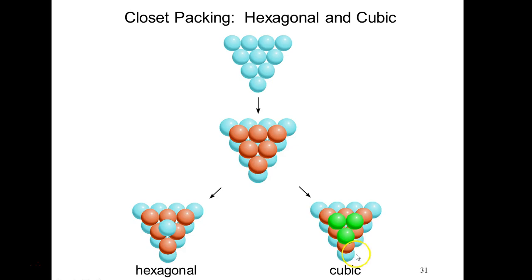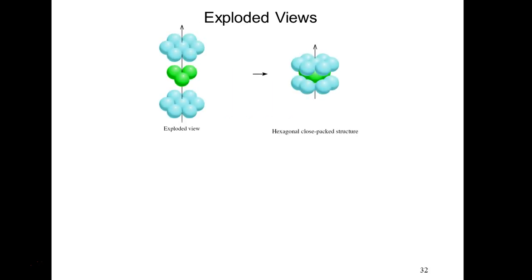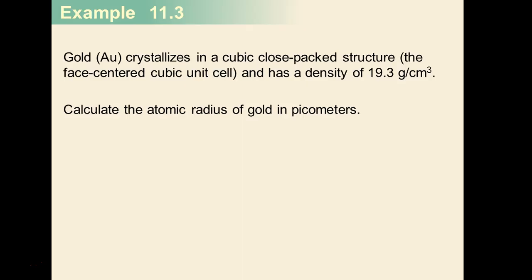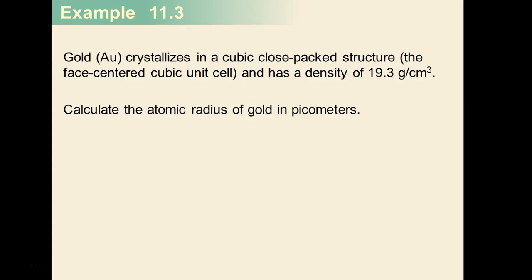Cubic close packing is the same as the face-centered cubic arrangement we learned earlier. So the hexagonal close packing, and the cubic close packing. Both of these would have unit cell structures similar to that of face-centered cubic.